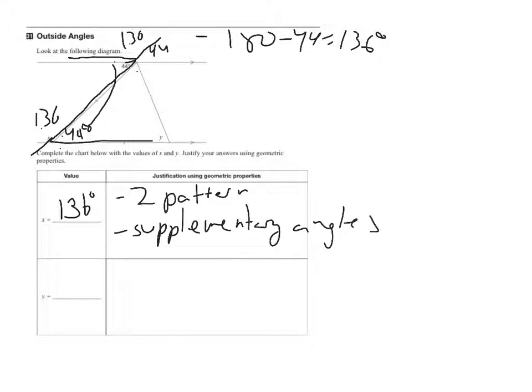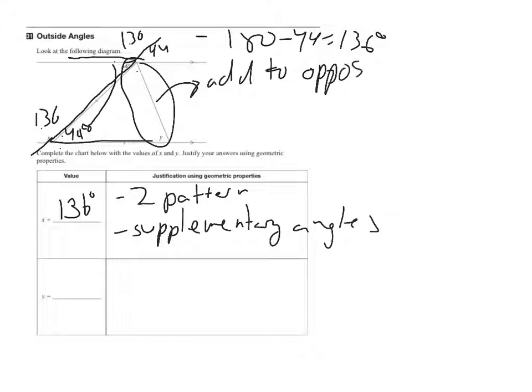For y, I know that this angle here and this angle here, y, are equal because these two lines are equivalent, because I could see the line, which means that both these angles together would add up to 136, because 136 is the opposite exterior angle.